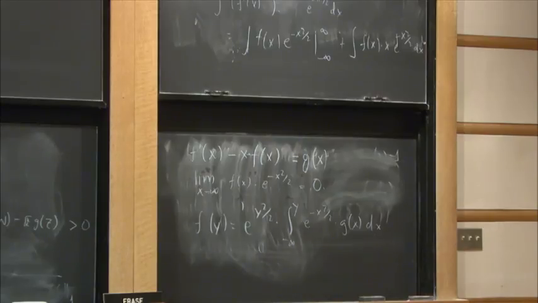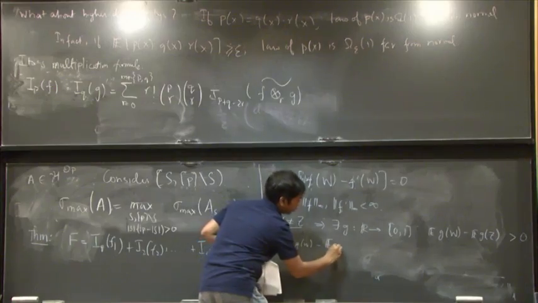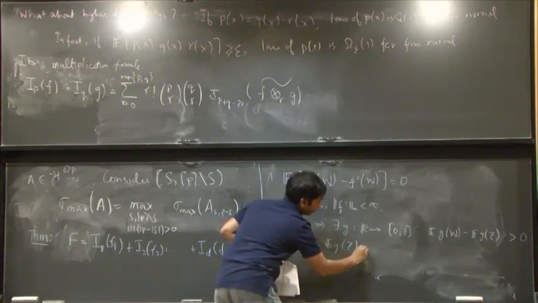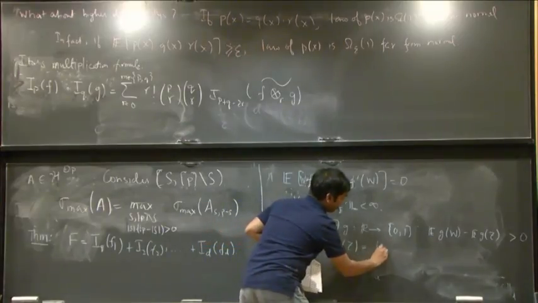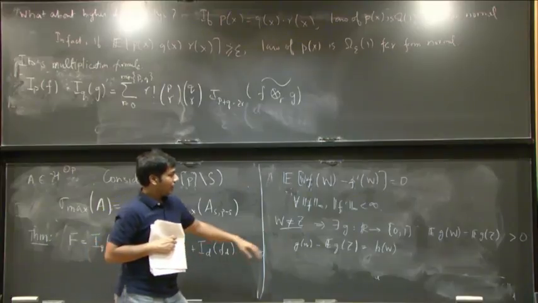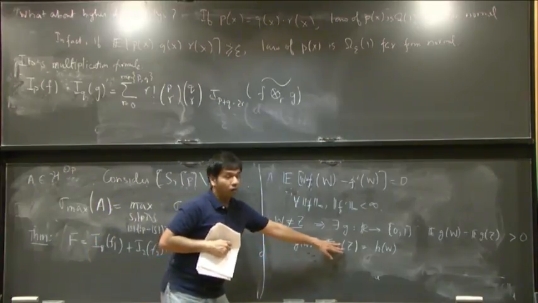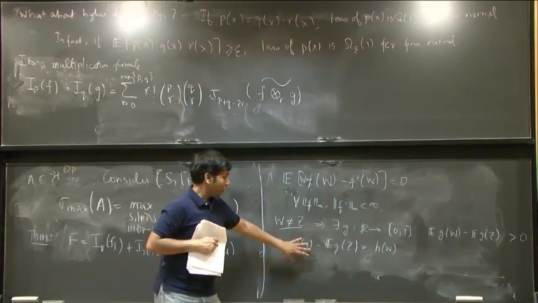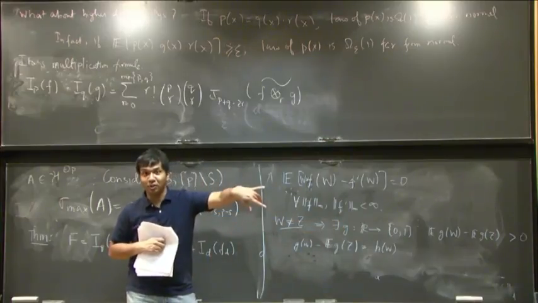So consider g of W minus the expectation of g of Z, and call it h of W. Clearly this is just a function of W. This is bounded for obvious reasons. Furthermore, the expectation of h over the standard normal is 0.